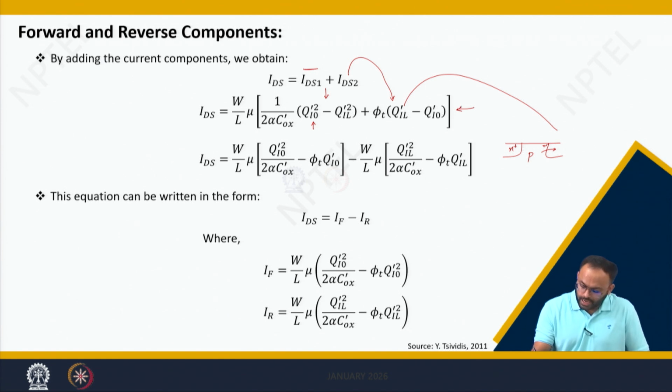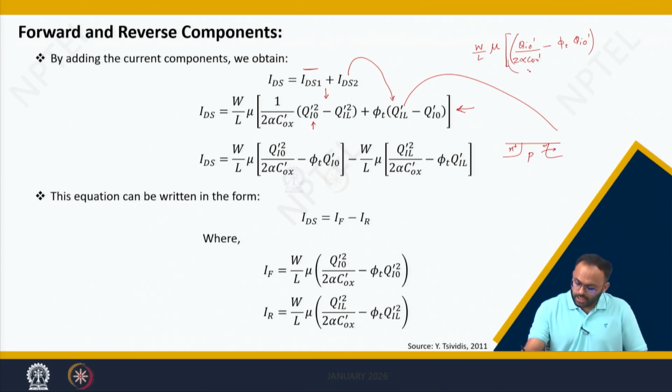So let us rewrite this equation as W by L mu into Qi dash 0 divided by 2 into alpha into Cox dash minus phi t into Qi dash 0.